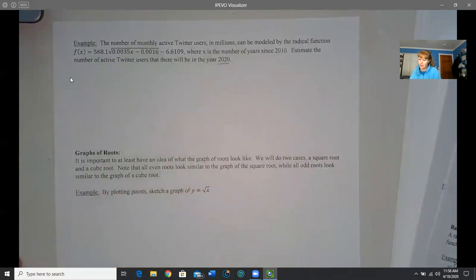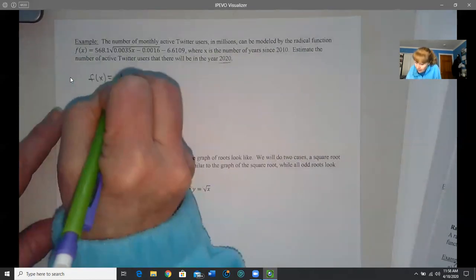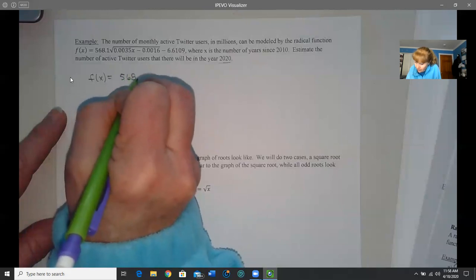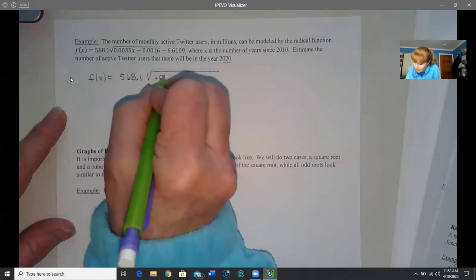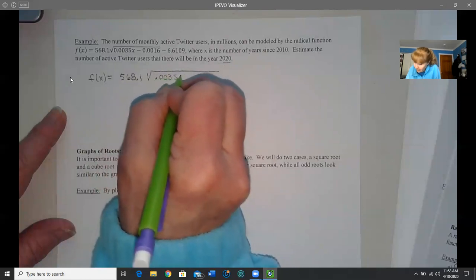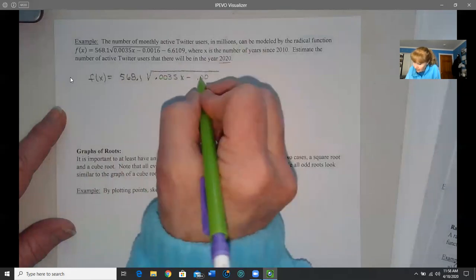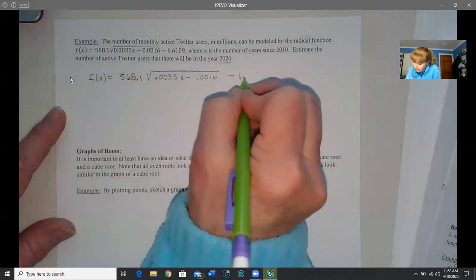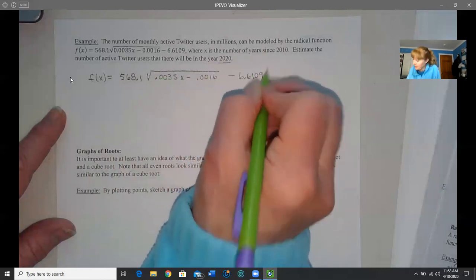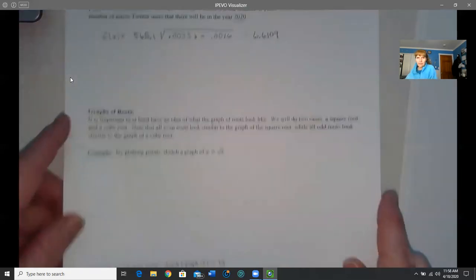All right, so we've got this function here, 568.1 square root, we're looking at the square root of 0.0035x minus 0.0016. I don't put the zeros in front of my decimals, but you can. I'll tell you where some danger sections are here. I don't like writing on this surface, so I'm going to put a piece of paper underneath that.